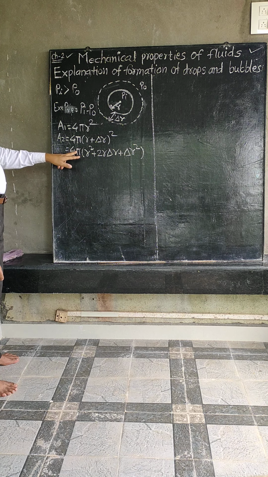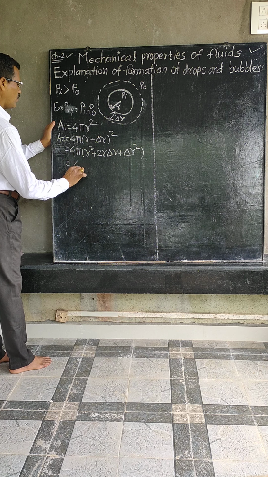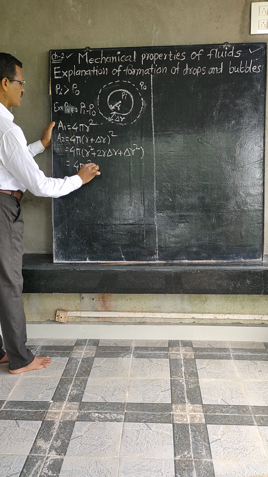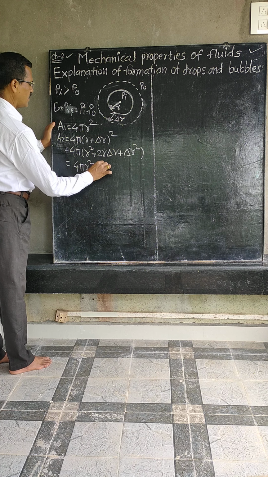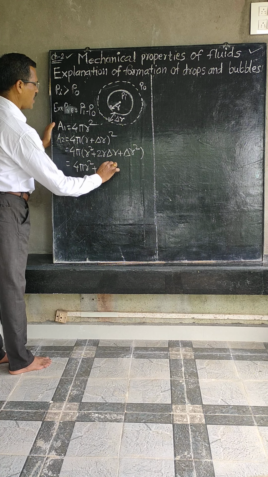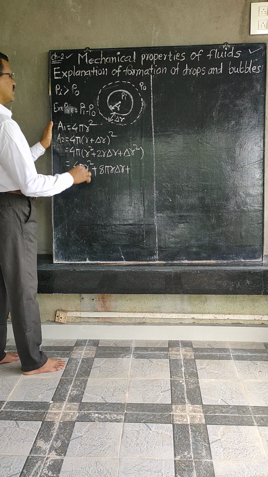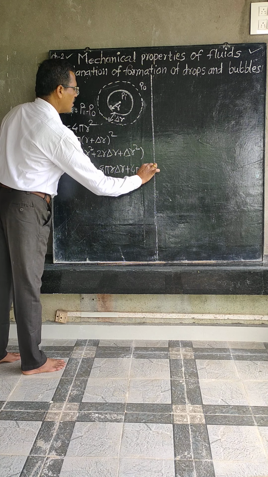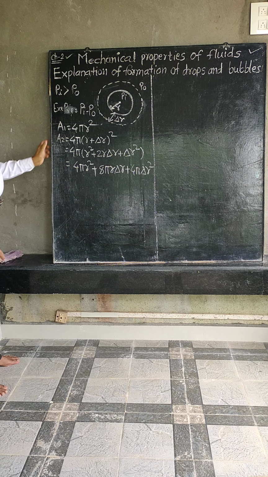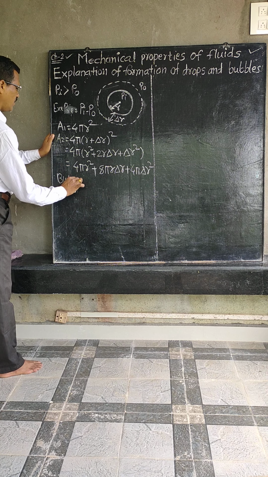Let's multiply by this 4 pi. Therefore, 4 pi r square plus 4 pi into 2r, that is 8 pi r delta r, plus 4 pi delta r square.